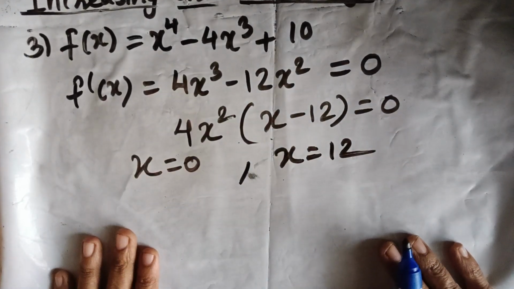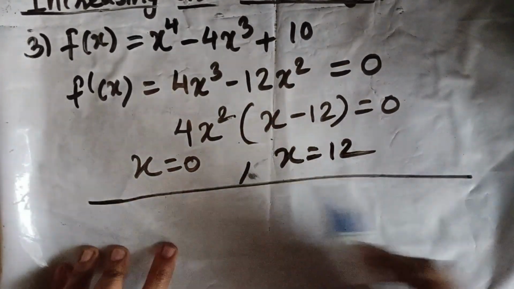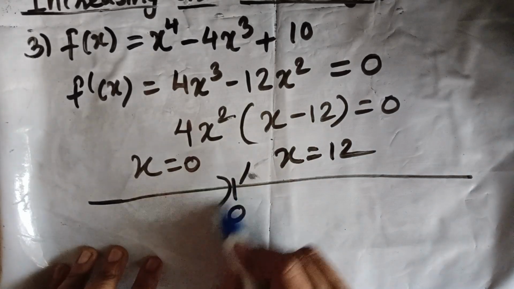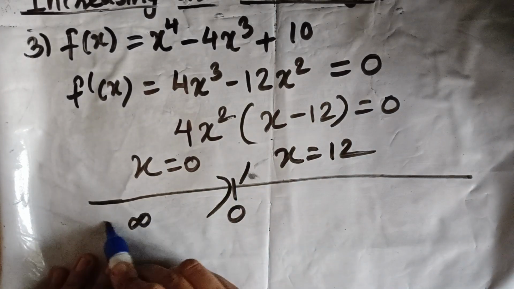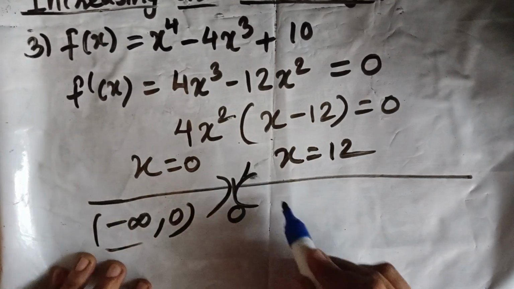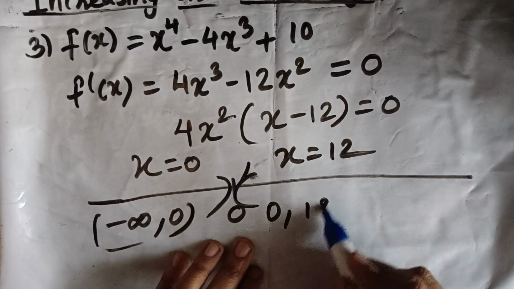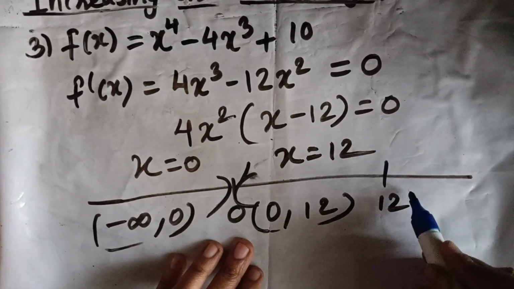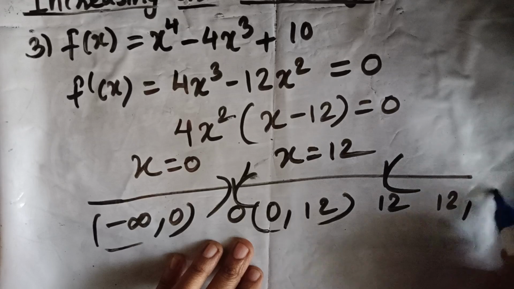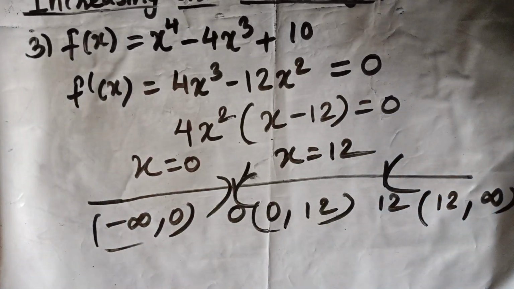Okay, so we have the intervals. You can draw it: from minus infinity to 0, 0 to 12, and 12 to infinity. So three intervals are there.